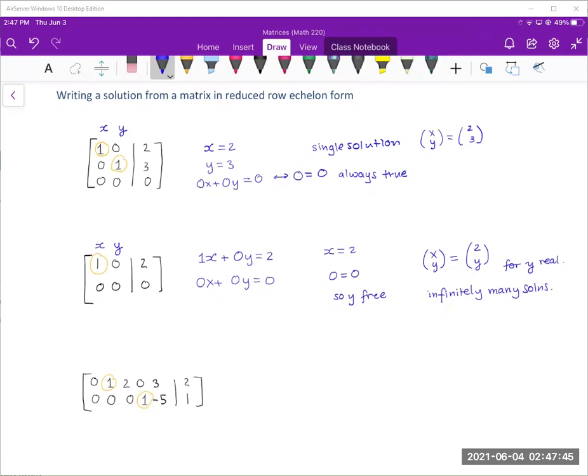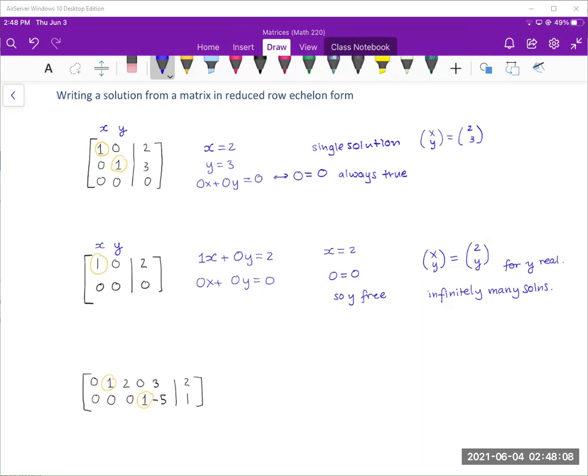Okay, let's look at our next example. Take a moment. I'd like you to think about how many unknowns we have in this case. So here we actually have 5 unknowns.